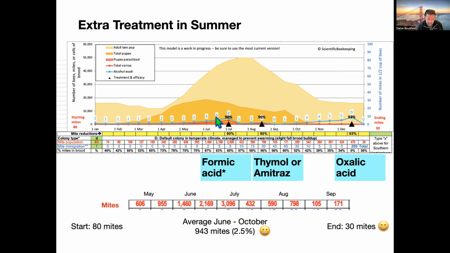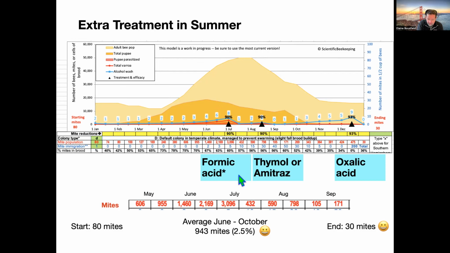So my plan has been monitor the mites in June. If it's low, don't treat, and if it's high, treat. And the only thing that you could treat with was formic acid, MAQS Max or Formic Pro.